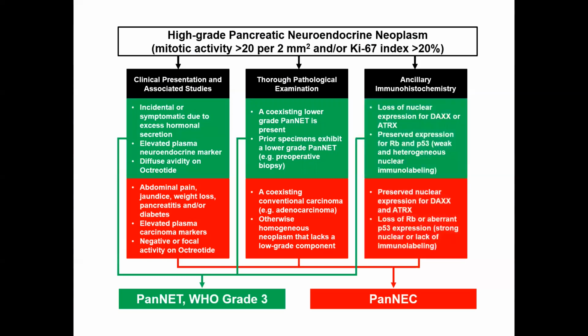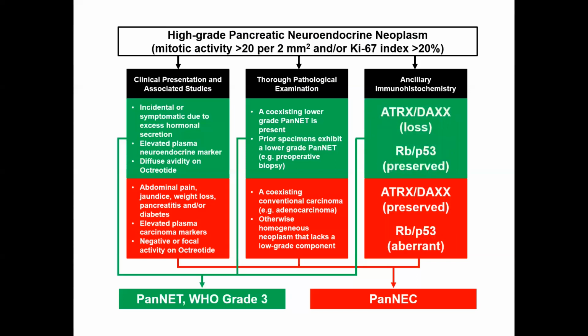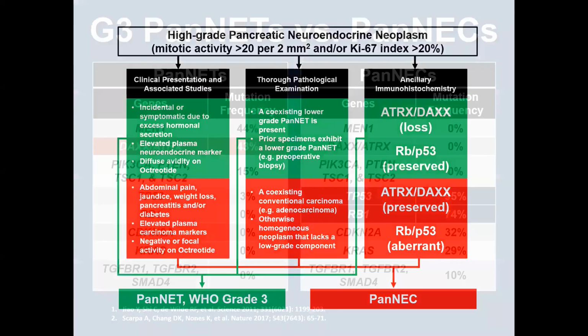And lastly, for those that have access to them, I find the limited immunohistochemical panel or even molecular studies to be extremely helpful. When it comes to an immunohistochemical panel, I typically use 4 different antibodies: ATRX, DAXX, RB, and P53. They have been very helpful in distinguishing between grade 3 pancreatic neuroendocrine tumors and pancreatic neuroendocrine carcinomas.